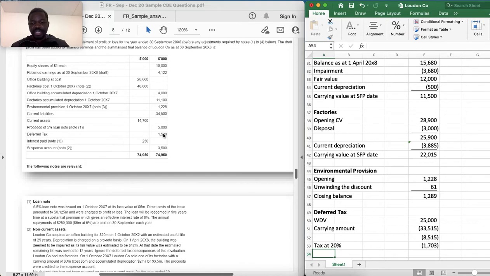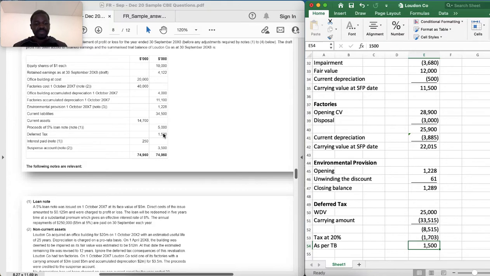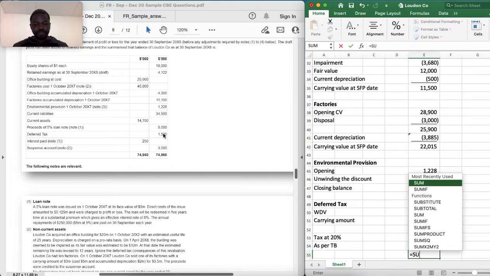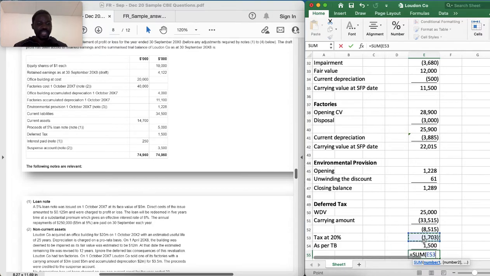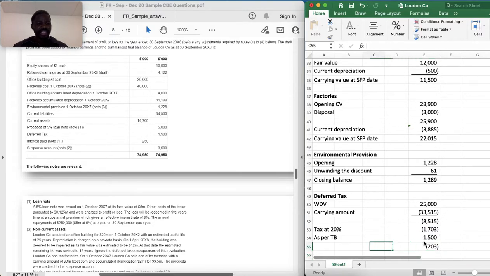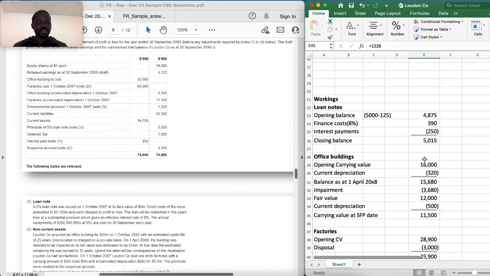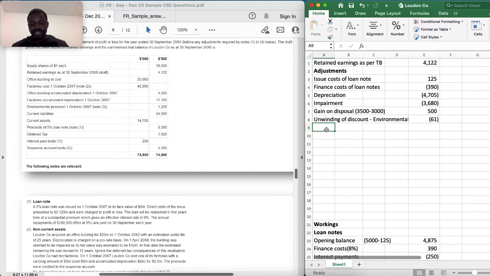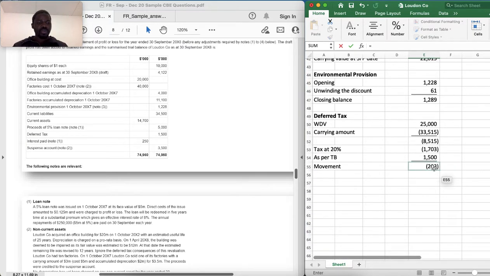Then we compare that with what we have at the beginning of the year. As per the TB, the TB will give us the figure at the beginning of the year. So the deferred tax has increased from 1,500 to 1,703, and the movement, or the increase, is 203. That needs to go again here. Deferred tax movement of 203.